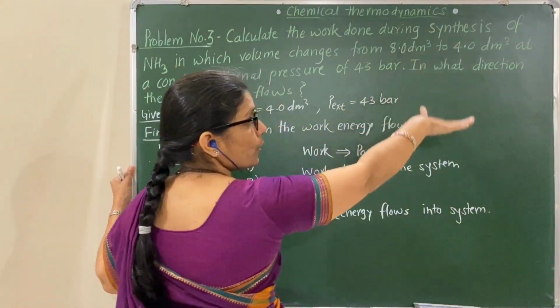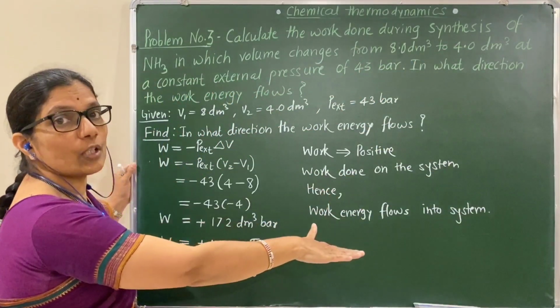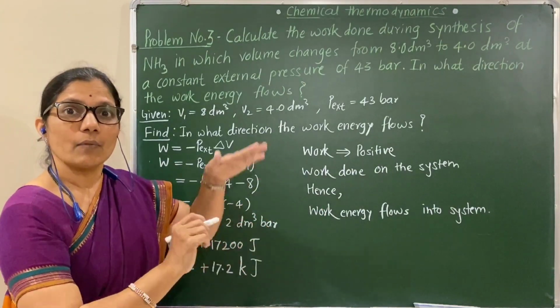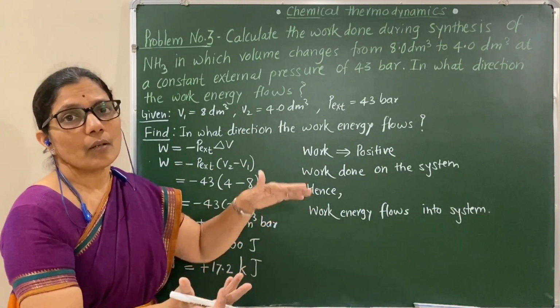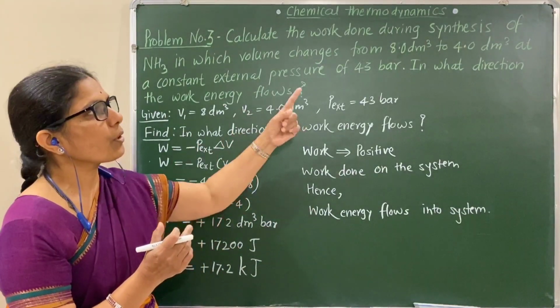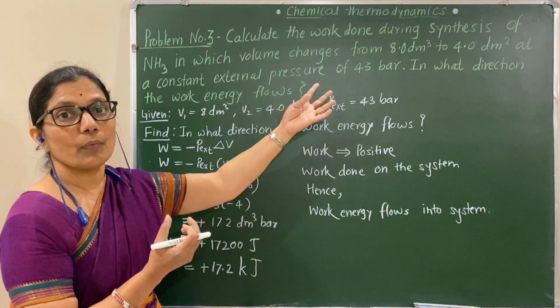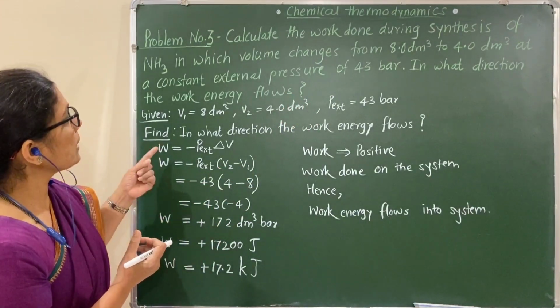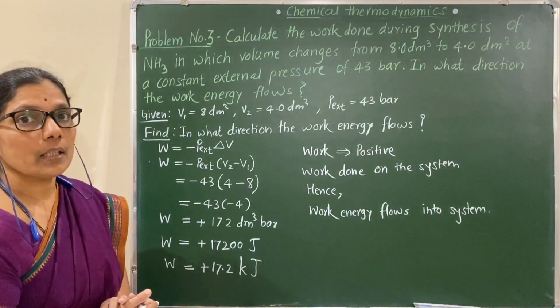Volume is reduced, volume is decreased, means compression of gas. Compression, work positive, that is work done on the system, then energy flows into the system. Without calculation, just by observing the values, you can find the answer. This is about numerical number 3.